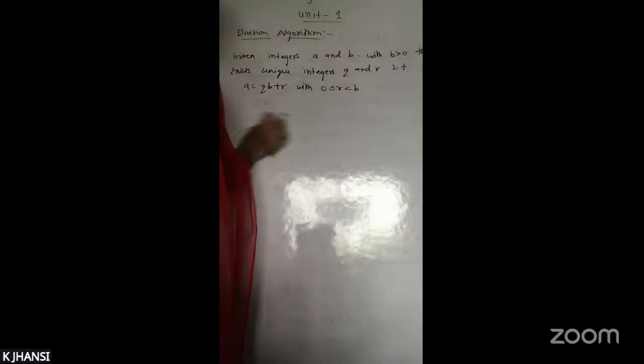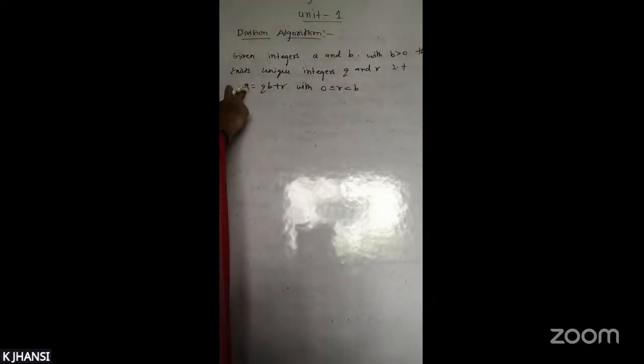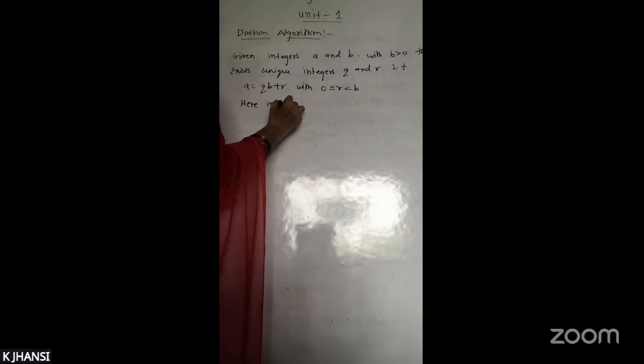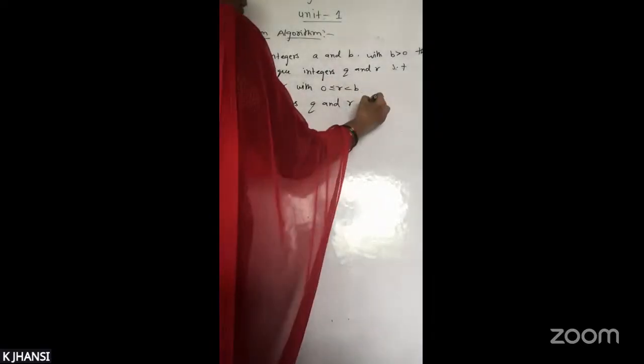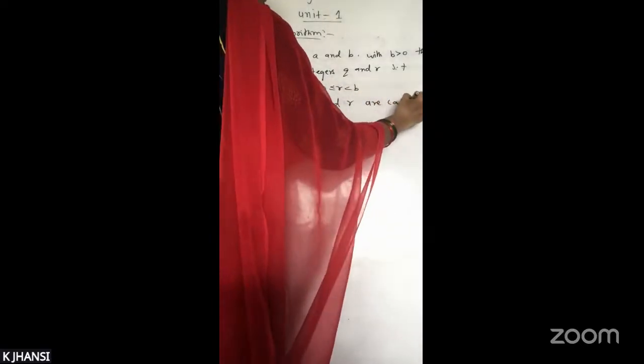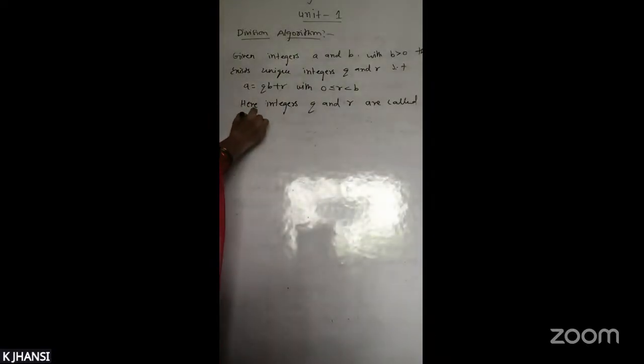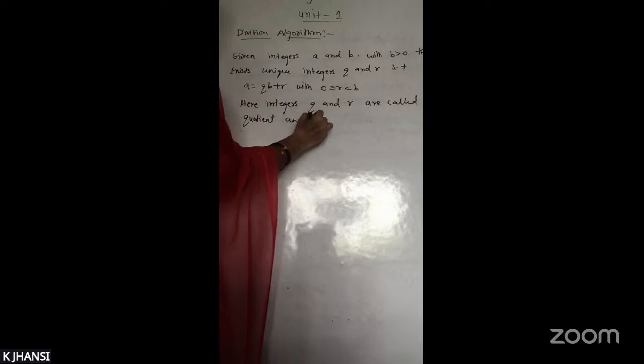So here we have the values A, Q, B, R, and their representation. The integers Q and R are called the quotient and remainder.